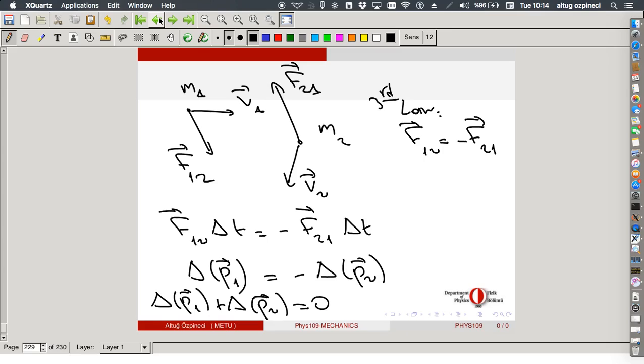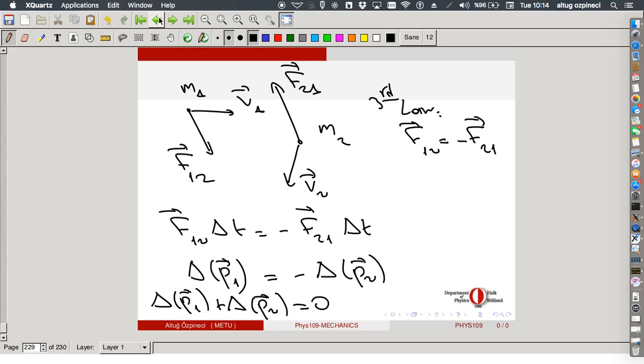So what does Newton's third law tell me? For these forces, it just tells me that if A is exerting a force on B, then B should be exerting a force on A, equal in magnitude, opposite in direction. So this is the expression. F12 and F21, as vectors, are equal but pointing in opposite directions. This is what this minus 1 tells me.